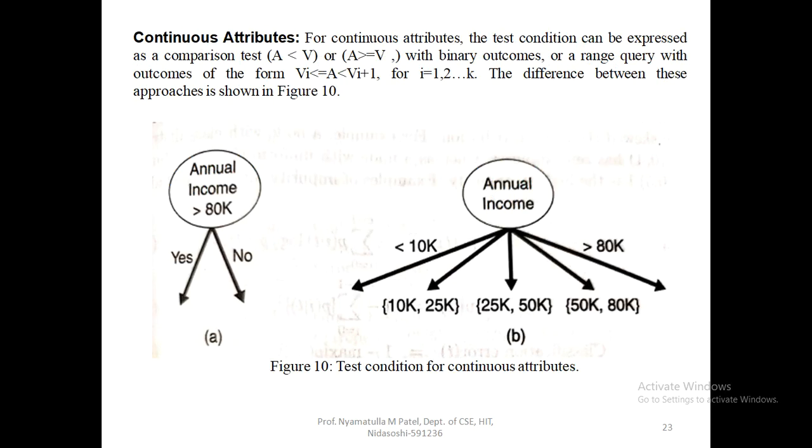Now, let us take the continuous attribute. For a continuous attribute, the test condition can be expressed as a comparison test condition, for example A less than V, or A greater than or equal to V, with binary outcomes.